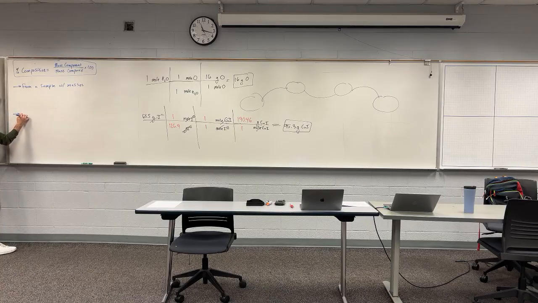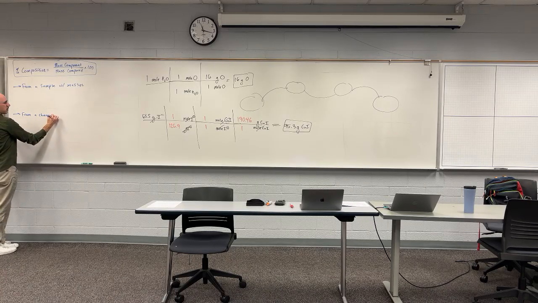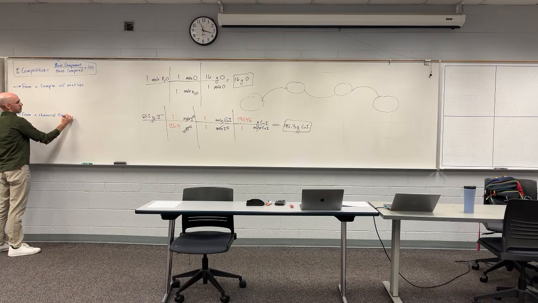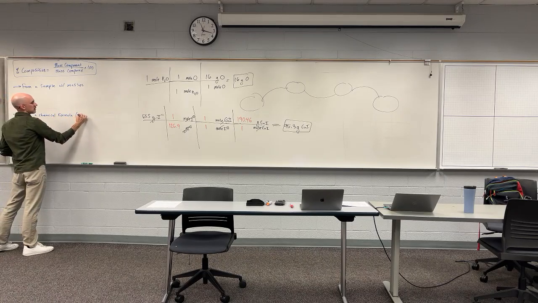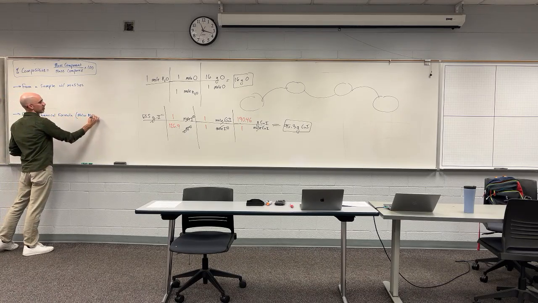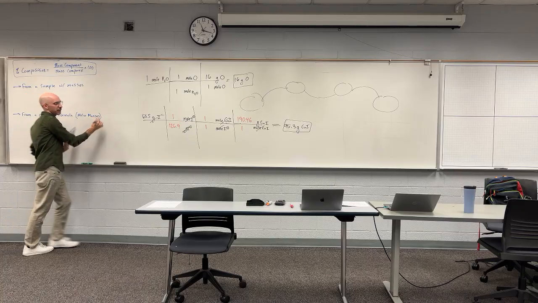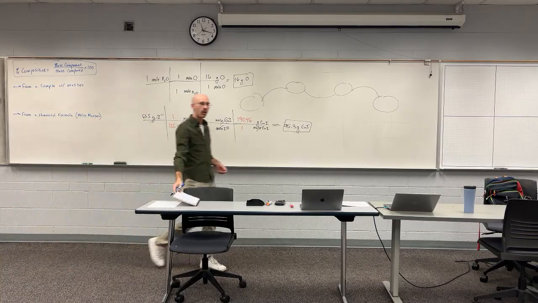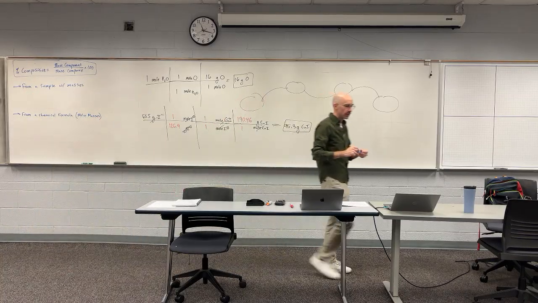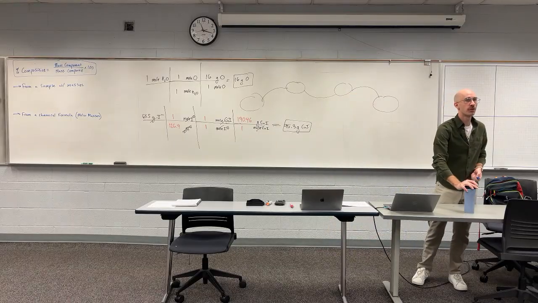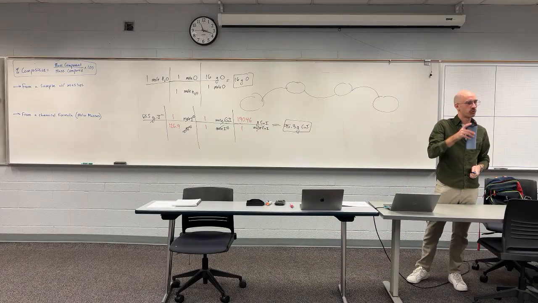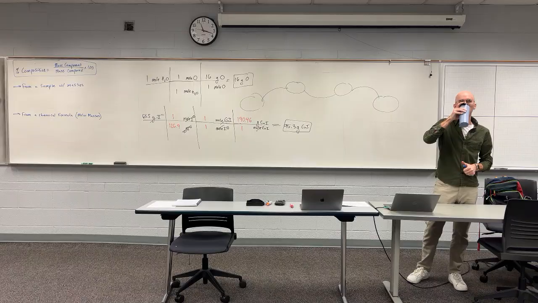The other is from a chemical formula. In this case, you don't have a specific amount of a sample. You just use the chemical formula. You use the molar masses of the individual pieces and the chemicals.